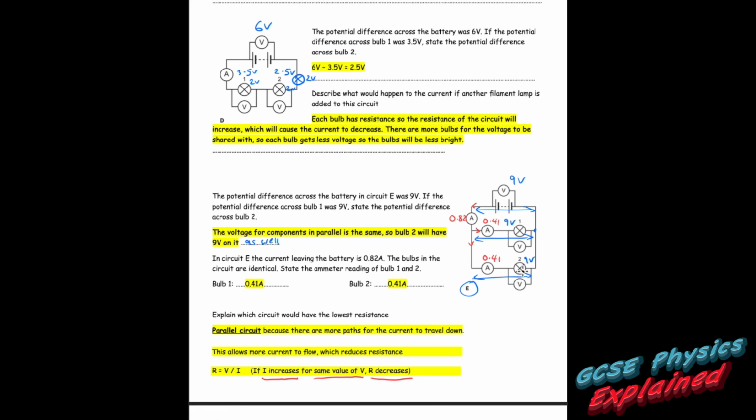So we're assuming that these two bulbs here were the same as these two bulbs here. So just for example, if that was 10 ohms of resistance and this was 10 ohms of resistance, that would give a total of 20 ohms of resistance.